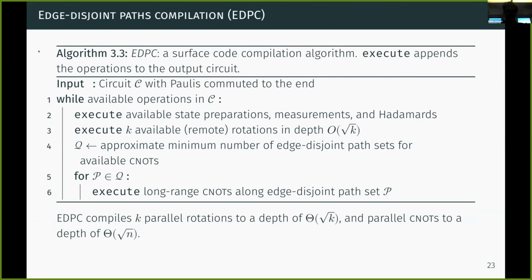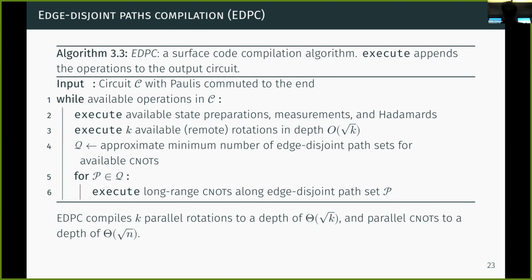Okay, so if we put all the pieces together, we get our EDPC algorithm. Let's say we are given a circuit C where we have commuted all the Pauli operations to the end. Then first, for the available operations in a layer in our circuit, we're going to execute all the single qubit operations first, including Hadamard, which can take a depth of 3.